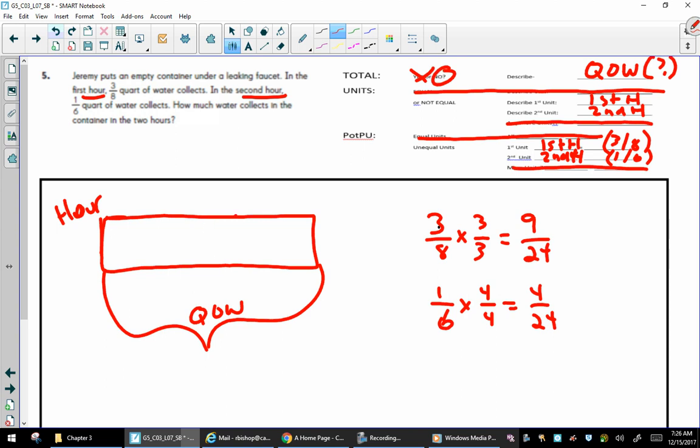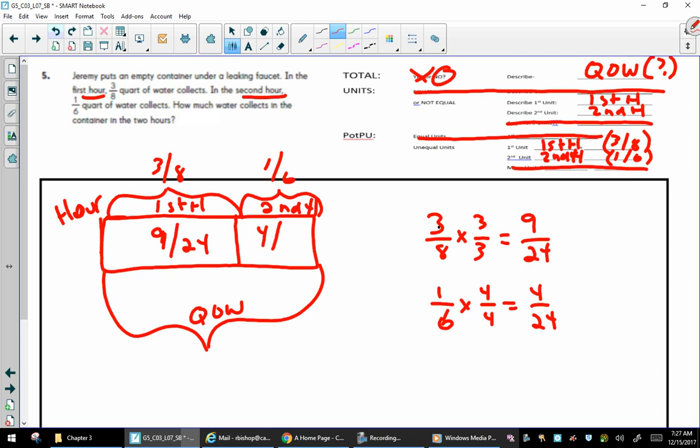Okay, that's the first hour. That was 3/8, which we made equivalent to 9/24. The second hour was 1/6, okay, but we made that into 4/24.